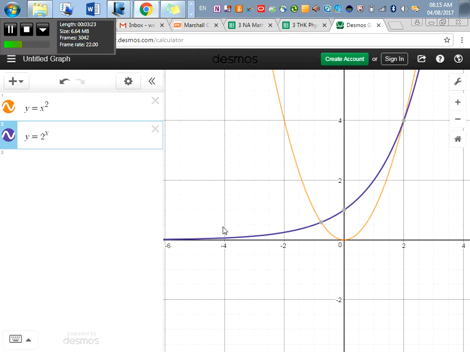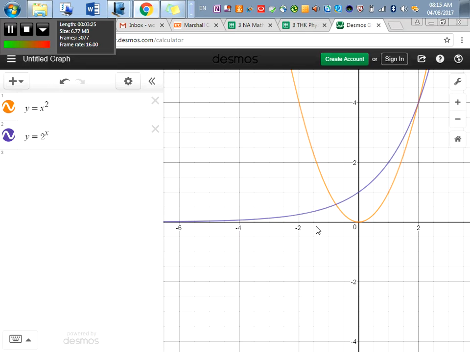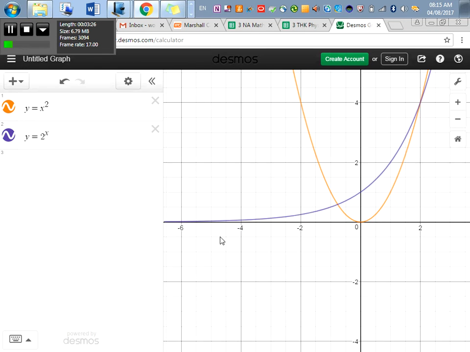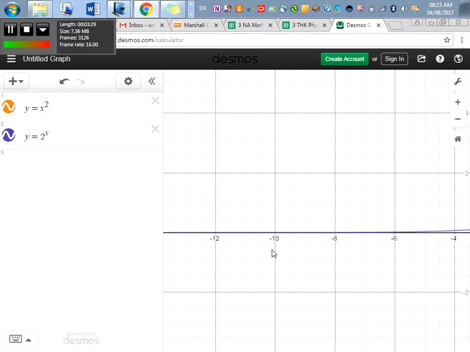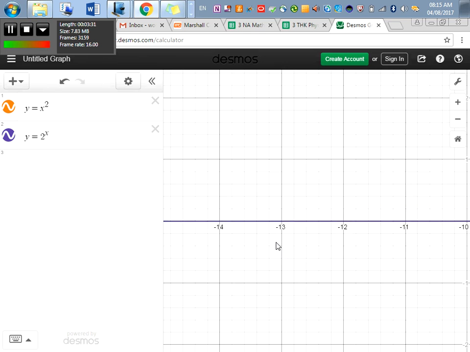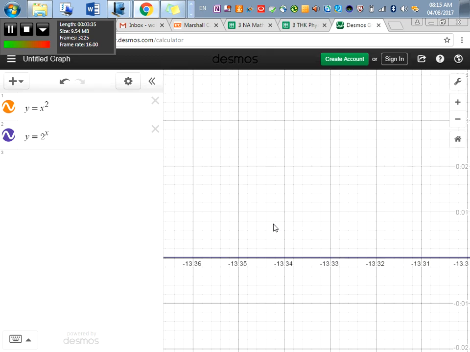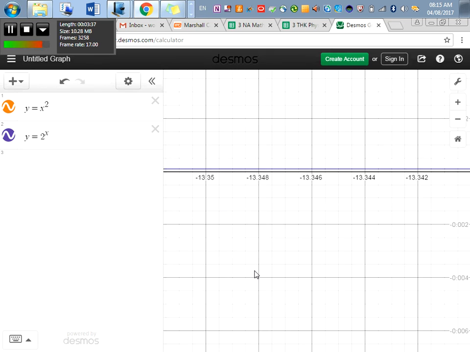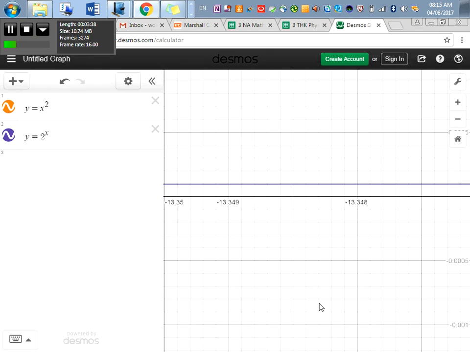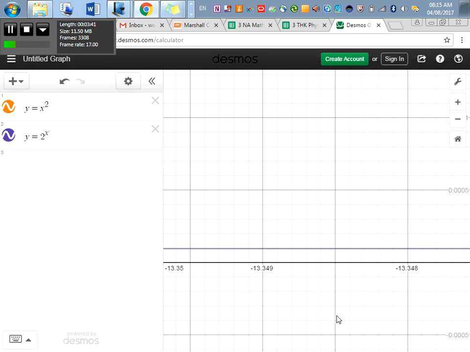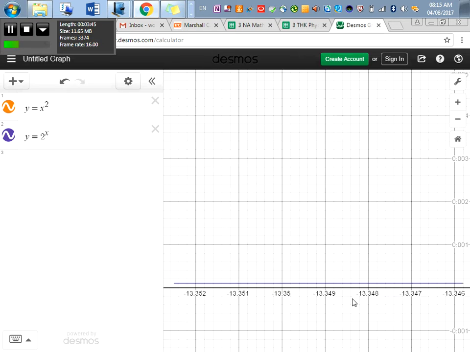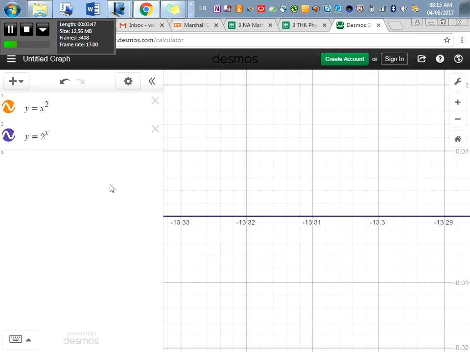Now the purple one is y equals to 2 to the power of x. When we go to negative values of x, it looks like it is very close to the x-axis. It looks like it is touching, but again, it is actually not touching. Same thing, it just keeps going closer and closer to the x-axis, but it doesn't touch.